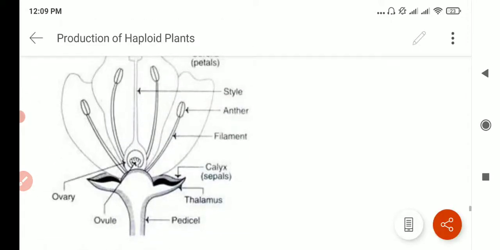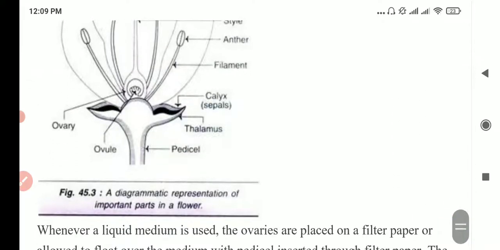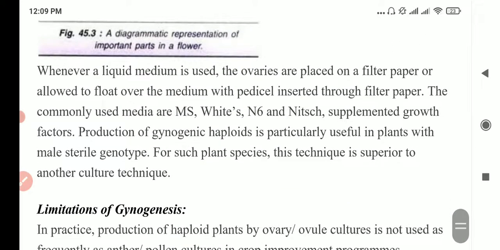This is just the diagram of parts of the flower. Whenever liquid medium is used, the ovaries are placed on a filter paper or allowed to float over the medium with the pedicel inserted through the filter paper. So if you decide you don't want a semi-solid media, you like it to just be free floating, then you just insert the pedicel part into a filter paper.